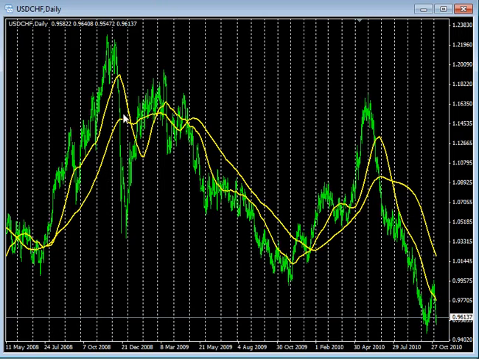As we zoom out of the dollar Swiss, we can see the 40 is obviously a lot closer to the price, which gives us a lot more short-term trends, whereas the 100 SMA will give us a lot clearer long-term trends.